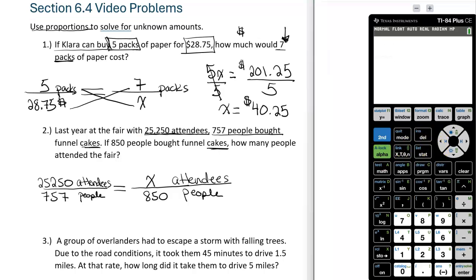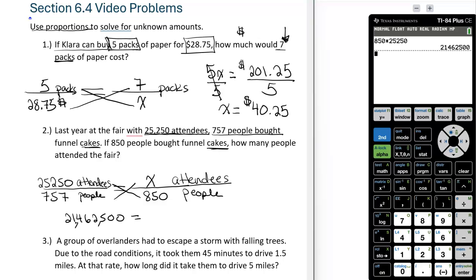Now we're ready to do our cross multiplication. So I'm going to go ahead and show that. I have 850 times 25,250. That equals a large number, 21,462,500.